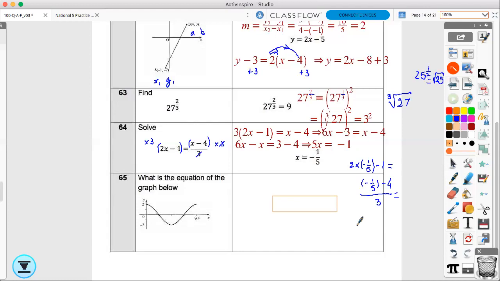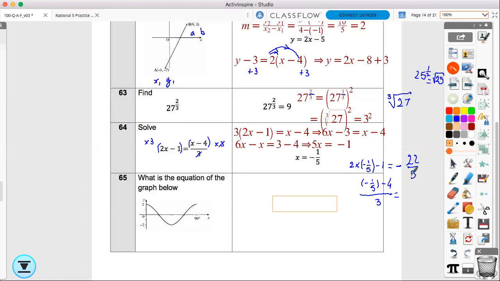So 2 times open bracket fraction negative 1 over 5 close bracket minus 4. It gives me minus 22 over 5. So that's what I get here, minus 22 over 5.